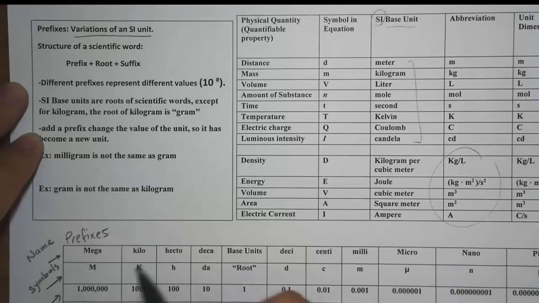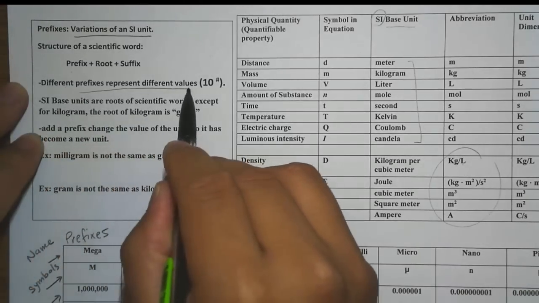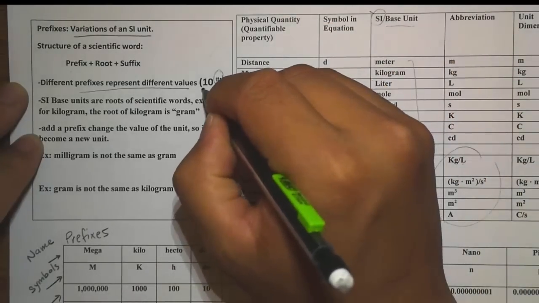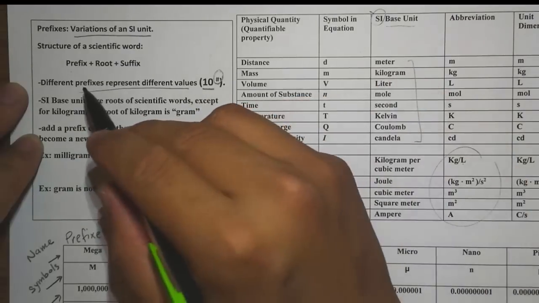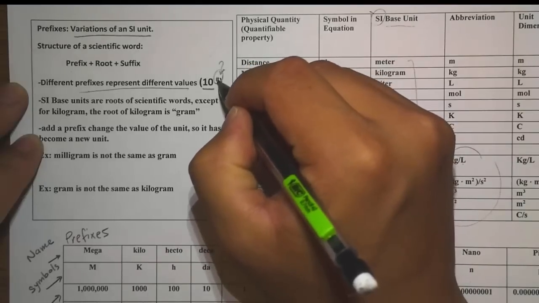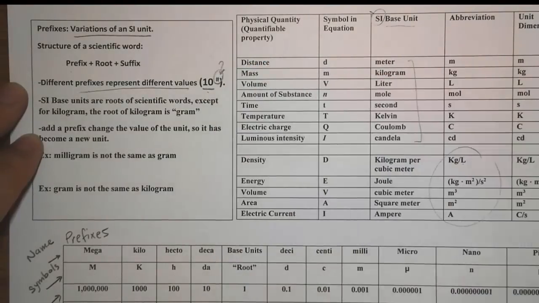Then, like I mentioned before, different prefixes represent different values, specifically the exponent number with the base of 10. Different prefixes represent different values of that exponent, but the base of 10 is still the same, okay?